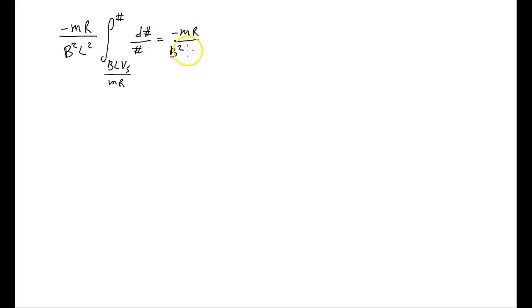So this is going to be equal to negative mR over B squared L squared times the natural log of, so the first term is going to be one, because here's the first term divided by this, right? And then the next term, this over this, what's going to be left? Just a B L v.